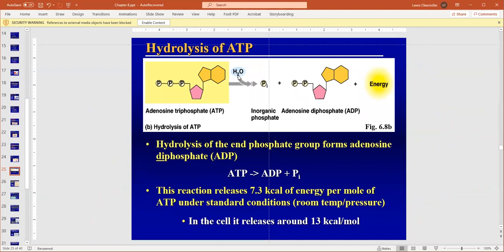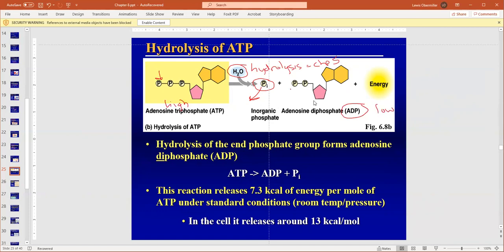So just like every other reaction, if we want to break this bond, we have to add water, right? Hydrolysis, which we covered in chapter 5. And so we add water to that. We can remove the phosphate. We can add this to other things through other reactions, but we add water, we break that bond, and then this becomes ADP. So this is low energy, and this is high energy.